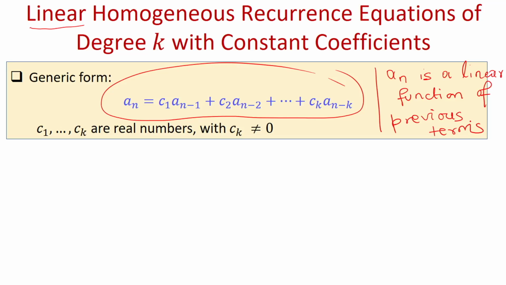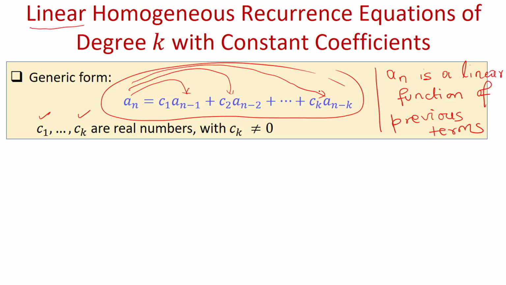Because the combiners, namely C1, C2, Ck, are constants here, and a of n depends linearly on previous terms, namely it depends only on the first power of a of n minus 1, the first power of a of n minus 2, the first power of a of n minus k, and so on.